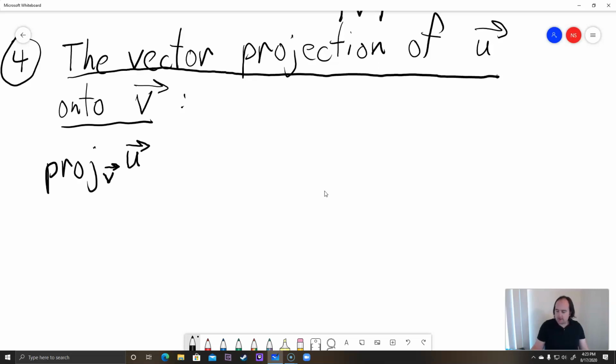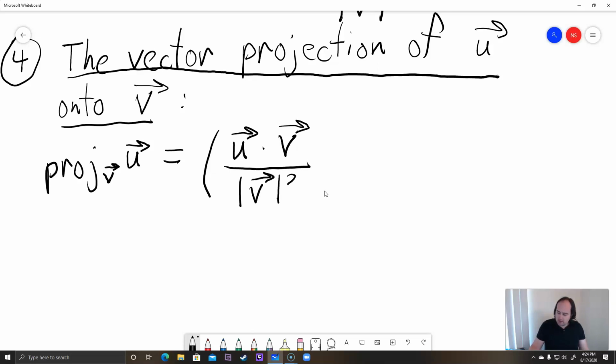So that's the vector projection of u onto v. And this is equal to a big formula. Here we have big parentheses, and then a fraction. In the numerator, we have u dot v. And in the denominator, we have the length of v squared.